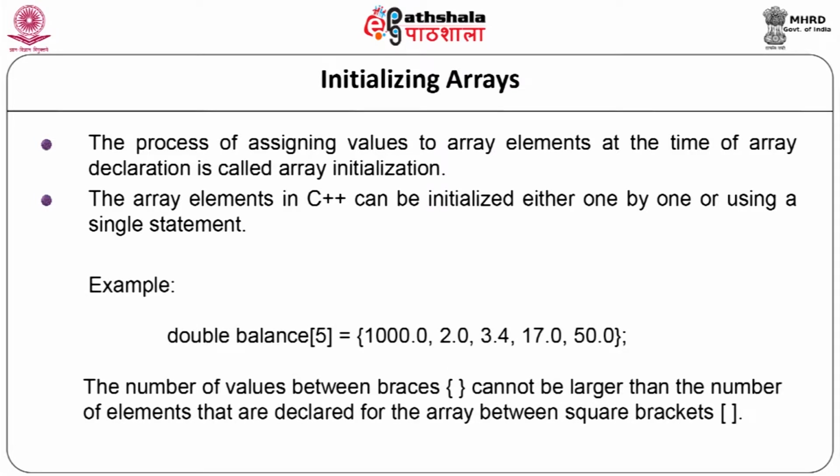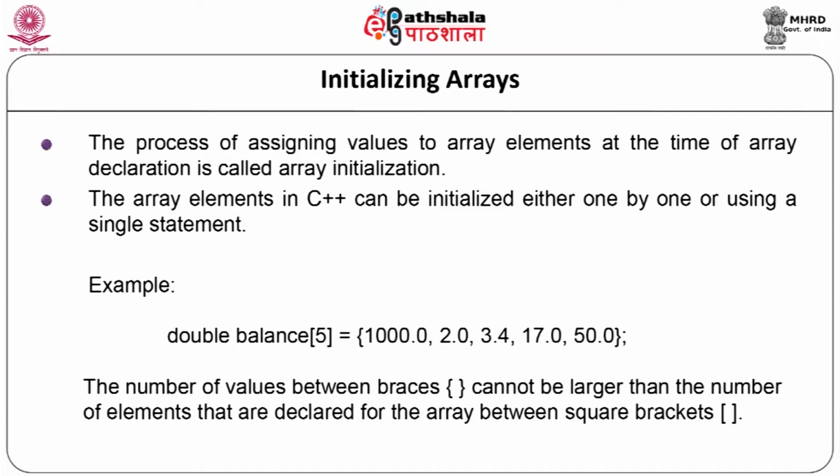Double balance in square bracket 5 equal to, in curly braces, 5 different double values: 1000.0, 2.0, 3.4, 17.0 and 50.0. Here the double array balance of 5 elements is declared, where the first element will have the value 1000, the second will have 2.0, the third will have the value 3.4, the fourth will have the value 17.0 and the fifth element will have the value 50.0.